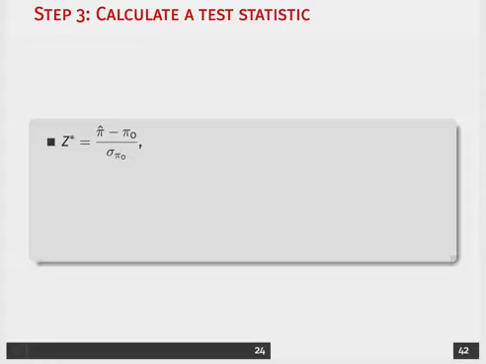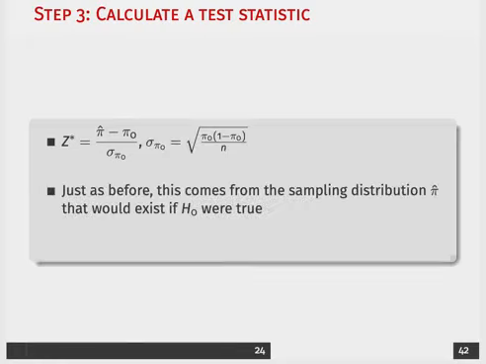Now, here you can see we have the estimated or observed proportion in the sample minus what we think that is, over the standard error. The main thing is that the calculation here is a little bit different because we're using proportions.